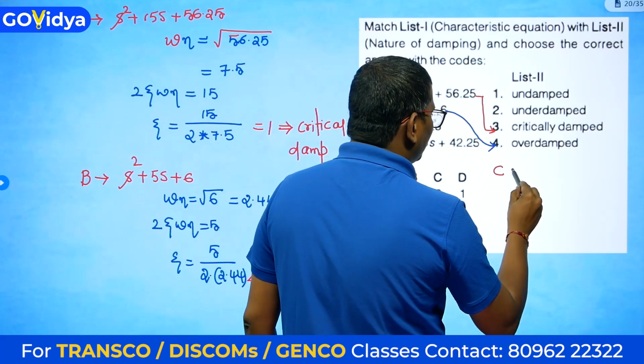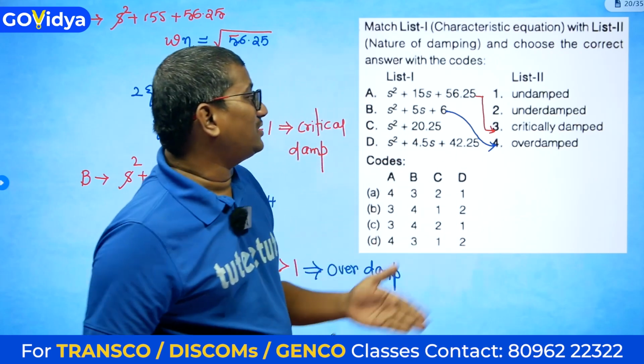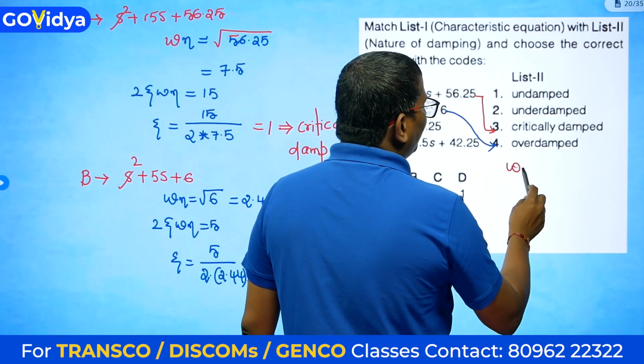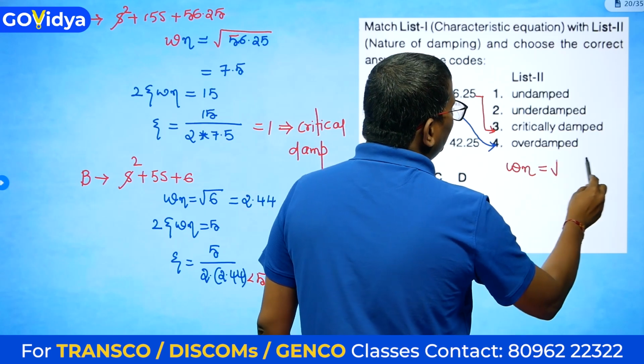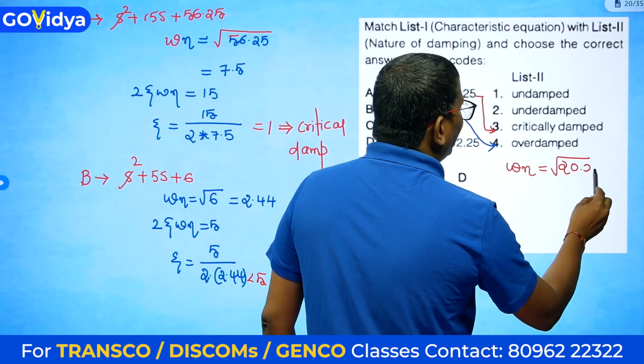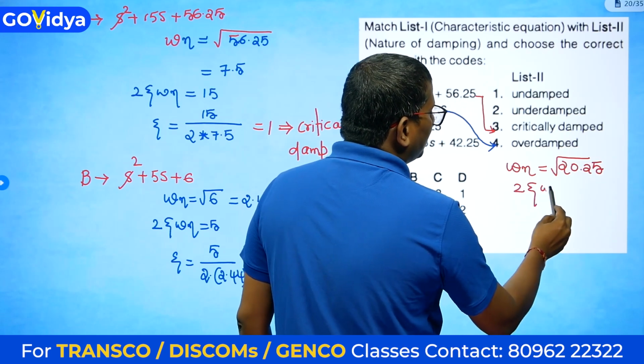If you observe very carefully, C is very easy. C is equal to what? From this transfer function only we can say S square plus 25. Here you can calculate omega n is equal to root of 25. But where is 2 zeta omega n?